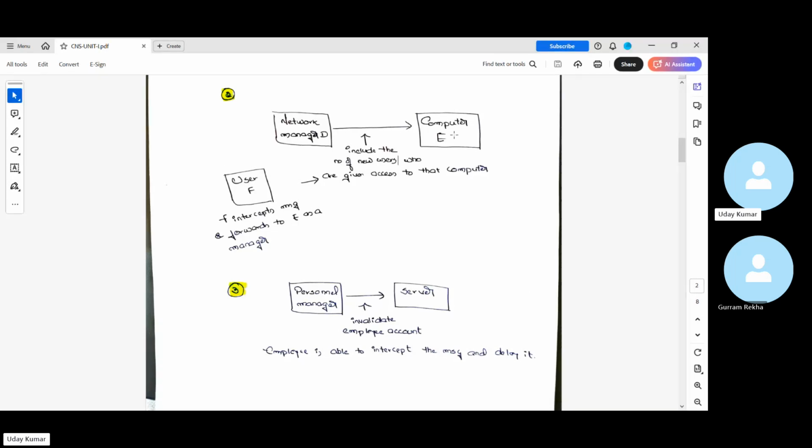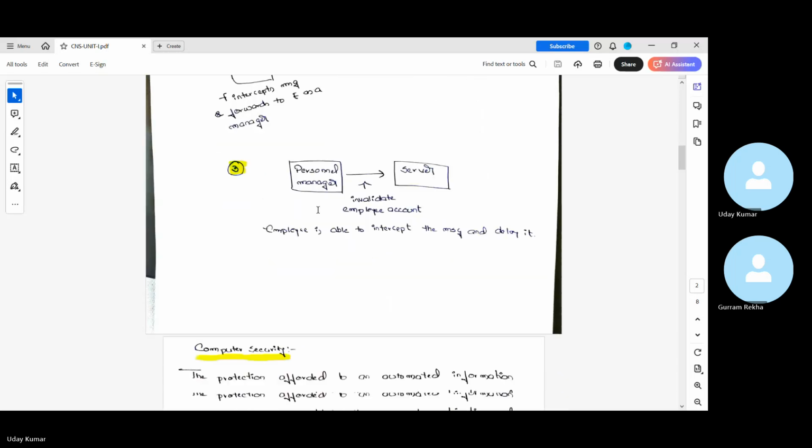In computer E, two users will have access, and since user F has seen the same message, he'll send two users again. So a total of four users will be given access: two users are authorized and two users are unauthorized.